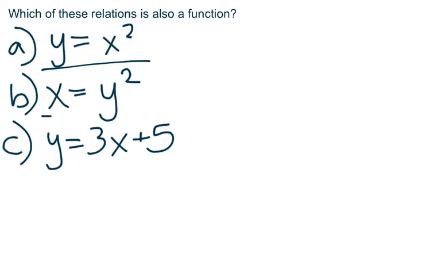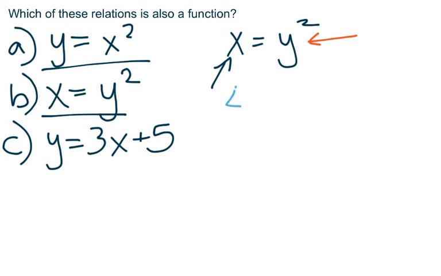On the other hand, with this next one, x is still the input, y is still the output, x equals y squared. I don't know that for every input I get exactly one and only one output. Let's say, for example, if my input value for x is 4, what number squared equals 4?